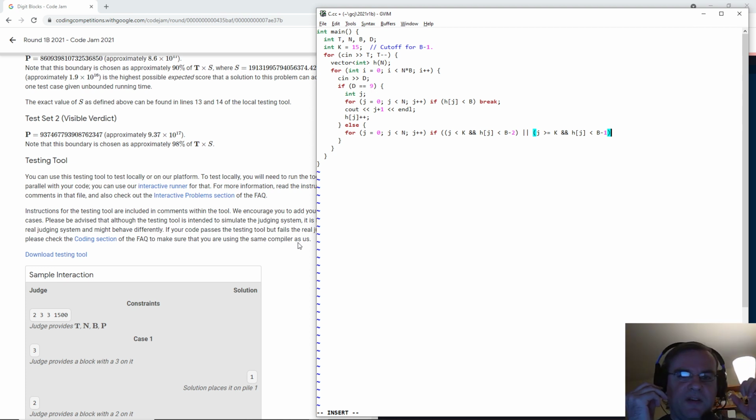No, this isn't quite right. There's a point at which I want to just start building everything to n minus 1. So we'll say 250.